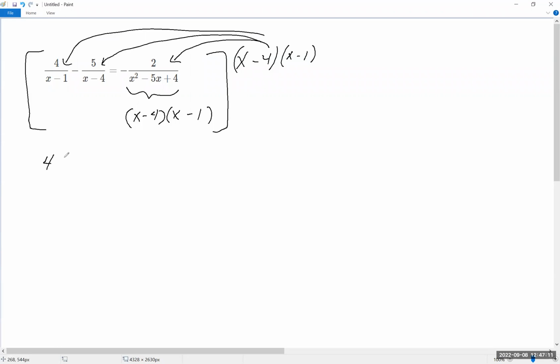So that's a 4. It's not a very nice 4, but over x minus 1, minus 5 over x minus 4, and then x minus 4, x minus 1.